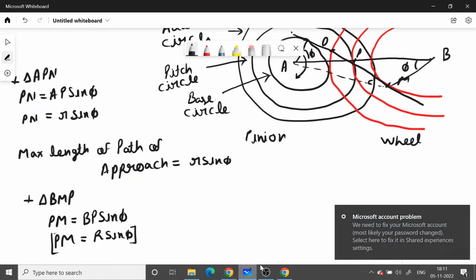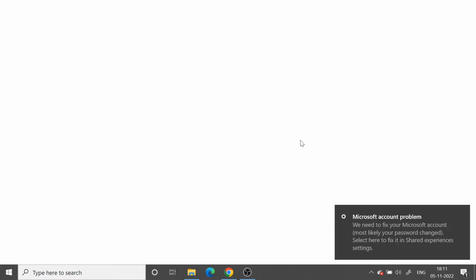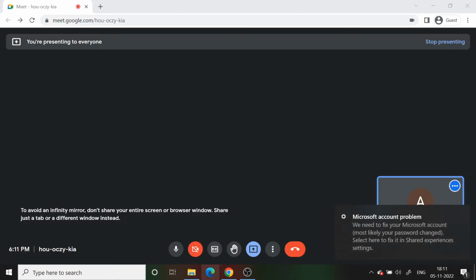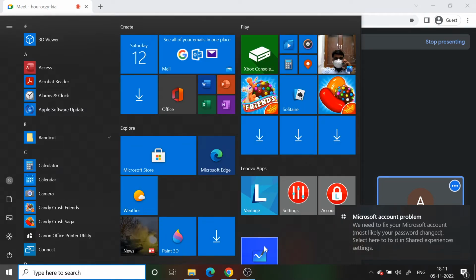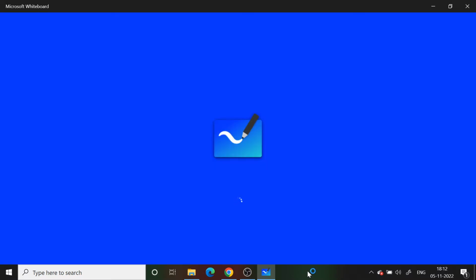Now the maximum length of path of recess will be R sine phi, and the maximum length of path of contact will be the sum of the maximum length of path of approach and the maximum length of path of recess.